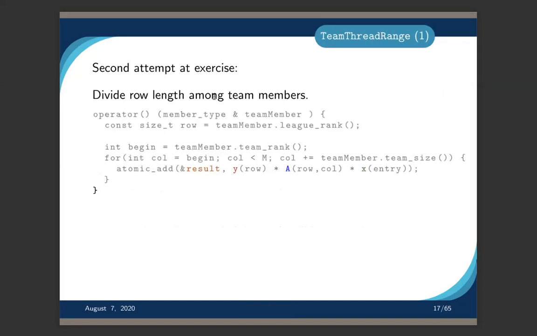So we see that in the second attempt at the exercise. What we could do is, instead of the team size being the row length, we can just divide the loop over the row among the team members, right? So we'll begin at team rank, and then we'll increment by team size, and we go up to smaller than m.